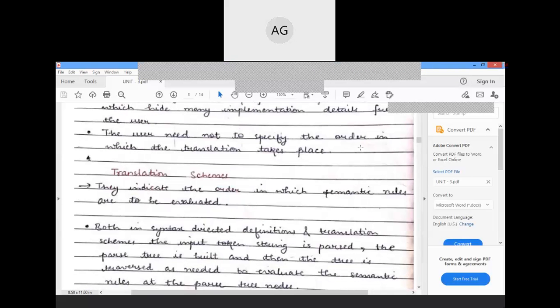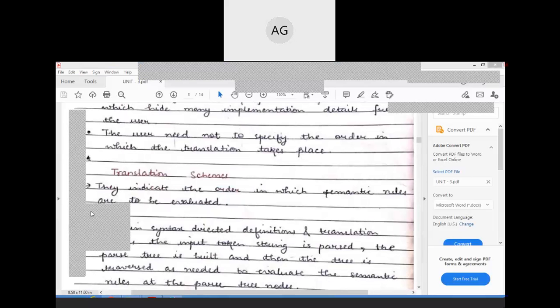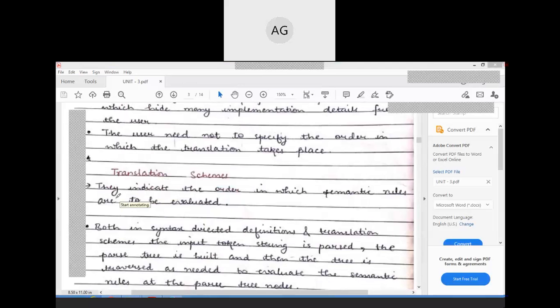Now the translation scheme. In the case of a translation scheme, they indicate the order in which the semantic rules are to be evaluated. Whereas in syntax directed definition, they are hidden from the user, and the user does not need to bother about the order in which the translation takes place.